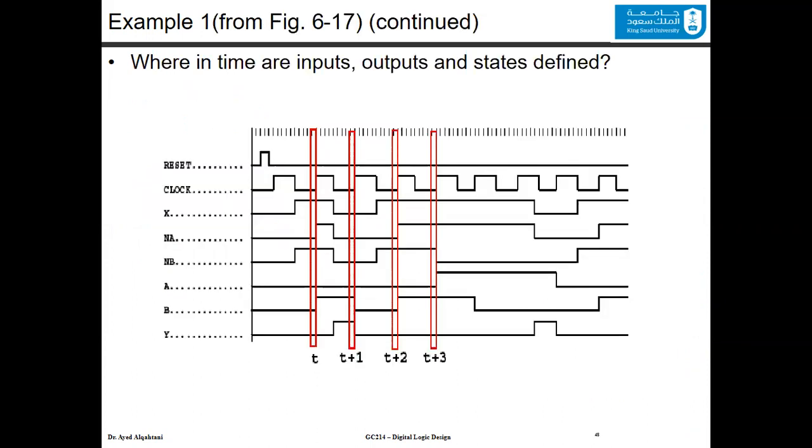Now, if this is a timing diagram and you're trying to figure out the outputs, and you know that your output is the output Y, you should check only the places where there is a change based on the inputs. So to answer this question, where in time are the inputs, outputs and the states defined? Since we have a D flip-flop, as you can see in the previous design, we only care about what happens in the flip-flop.